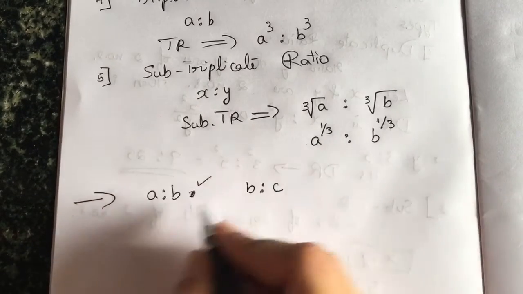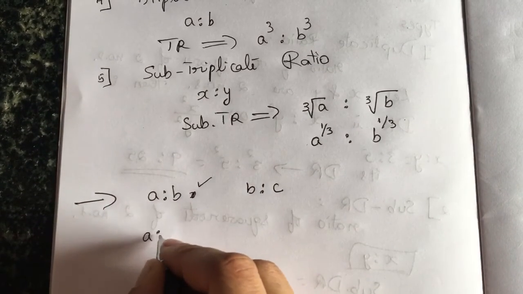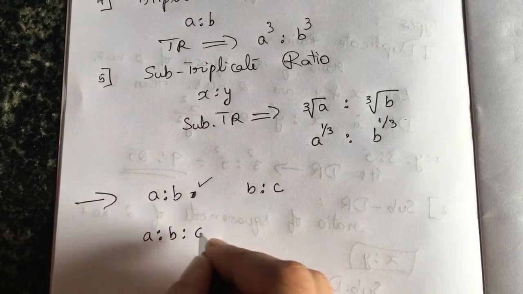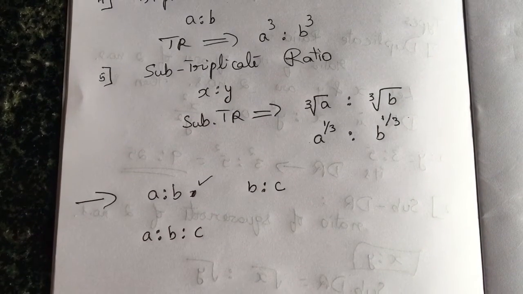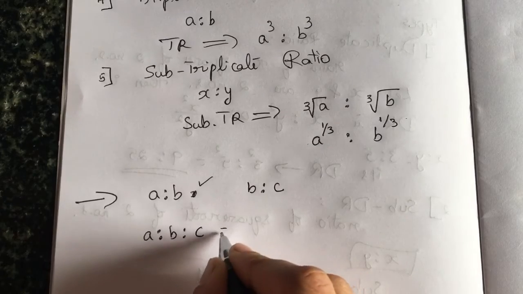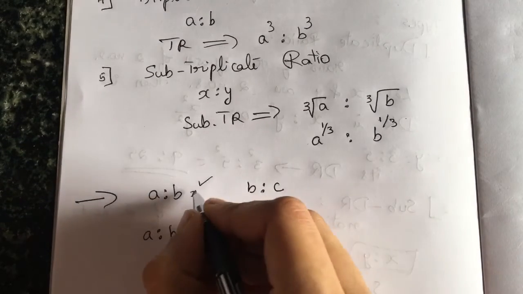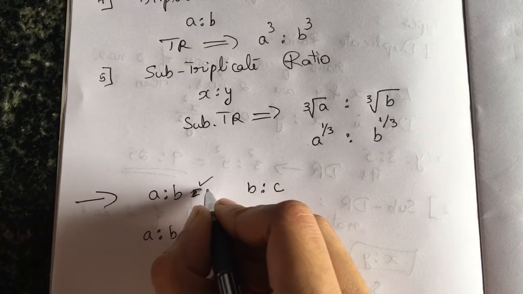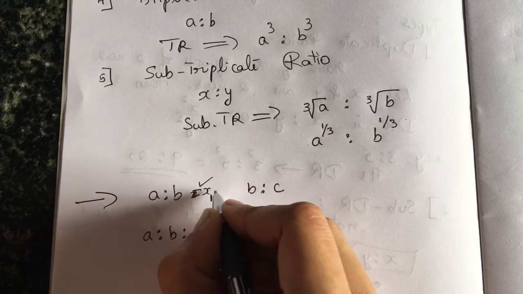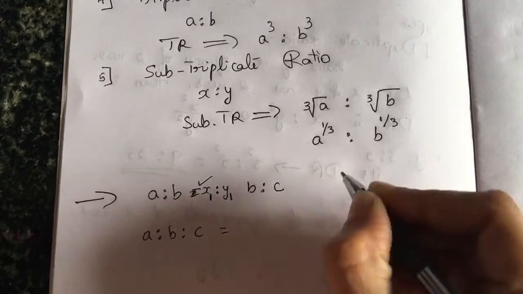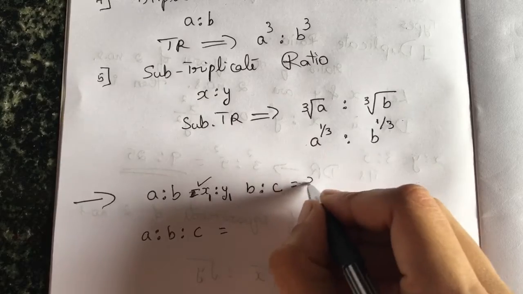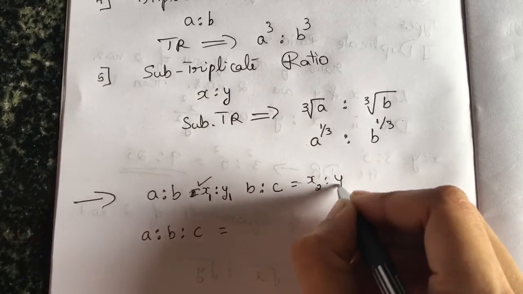Then it is asked to calculate A is to B is to C. For that, say this is x1 is to y1, and this is x2 is to y2.